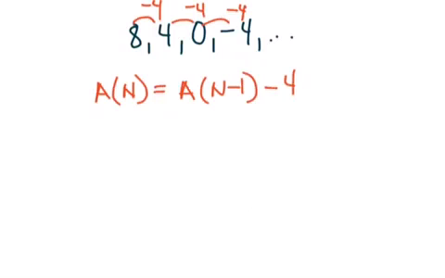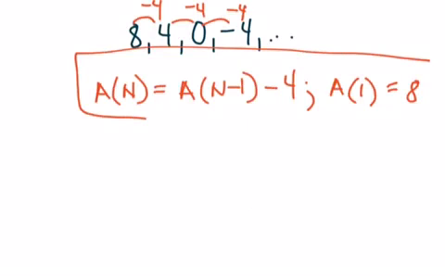But then the pattern starts at the number 8, so we have to write that our first term, a of 1, equals 8. Now I have the complete recursive formula.